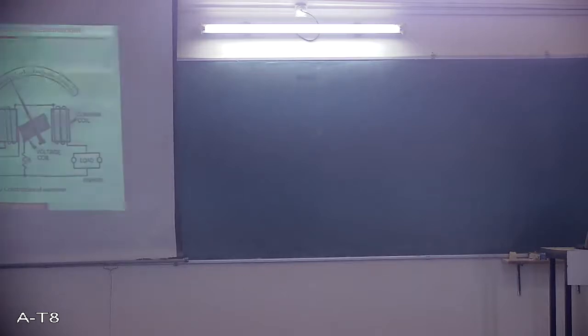So naturally this coil will have high resistance. Why should the resistance of this coil be high? Because it will be connected not in series, but across the load, or across the supply where the load is getting the power.